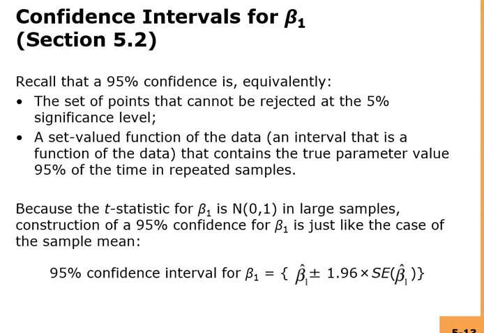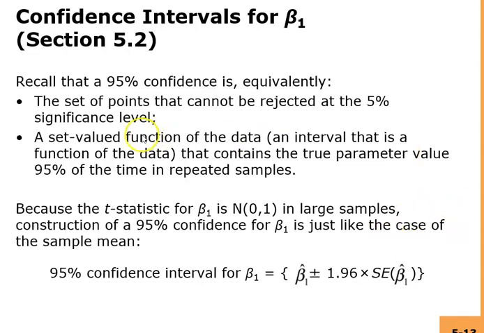The easier way is to calculate the confidence interval and see whether our hypothesized value lies within it. If it lies within the confidence interval, we fail to reject the null hypothesis. If it does not, we reject the null hypothesis at the 5% level of significance, if we are calculating the 95% confidence interval.